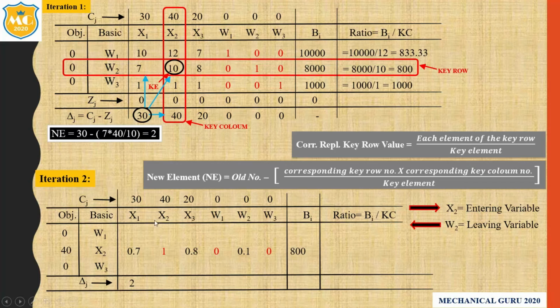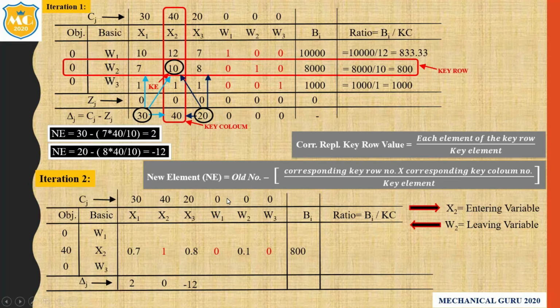Now for the second value we use the same equation. Here it is 0. Now we find this value: old number 30 minus, in bracket, corresponding key row value 8, corresponding key column value 40, divided by key element 10. So here we get the value minus 12.